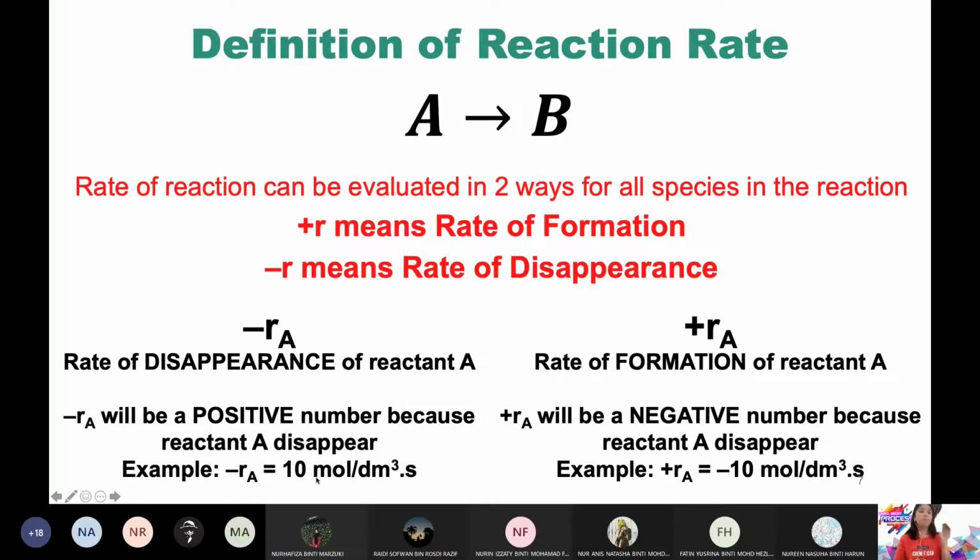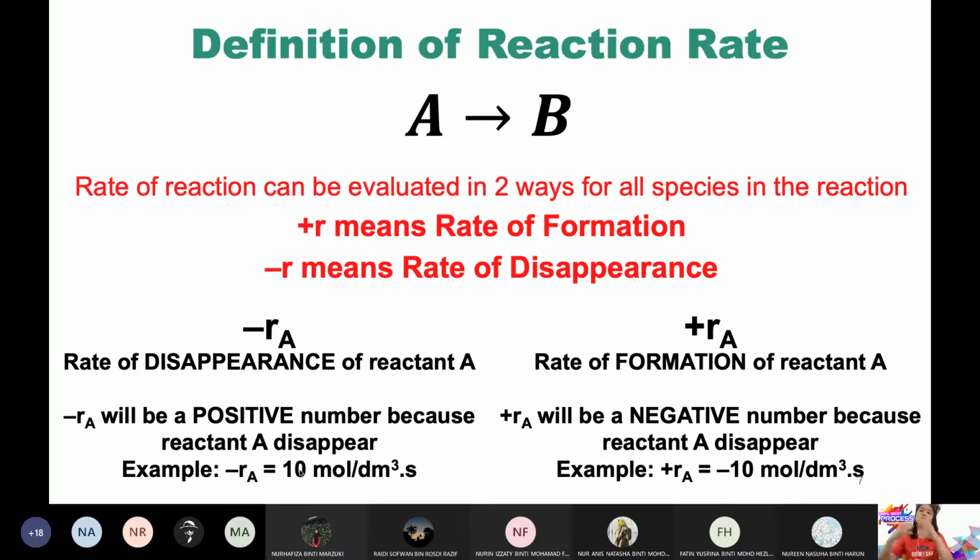The number is a positive number. Contohnya, let's say I put positive 10. So, positive 10 mole per dm cube second. Maksudnya, untuk tindak balas ni, kadar kehilangan A adalah sebanyak 10 mole per dm cube untuk setiap saat.